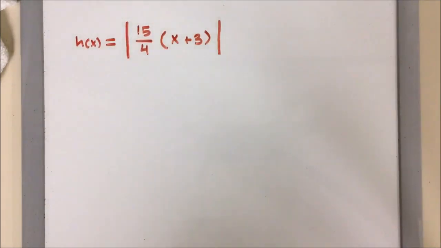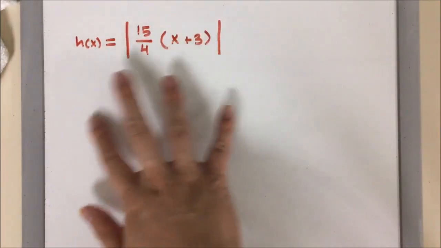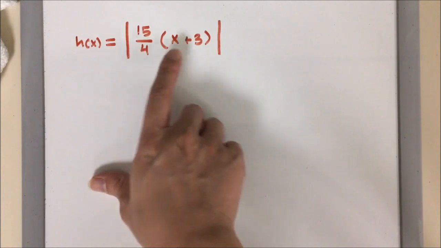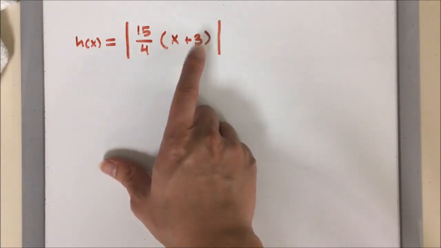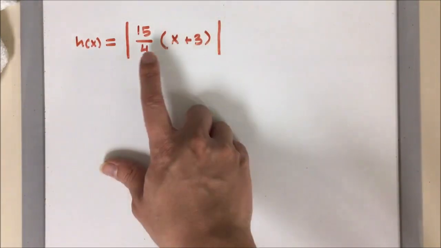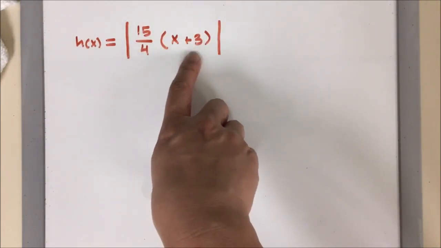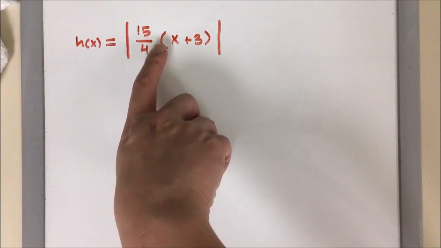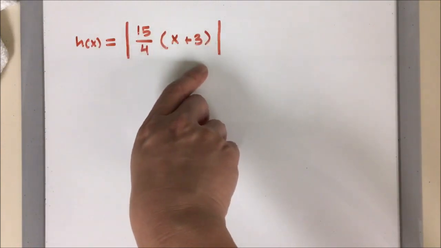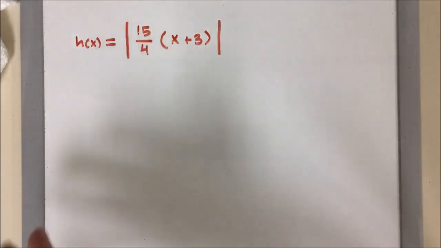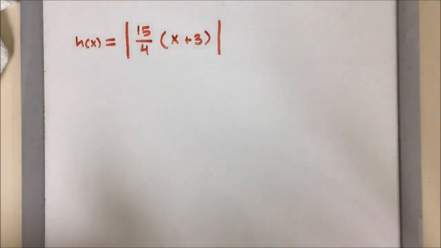So in this example, we have h of x equal to the absolute value of 15 over 4 times x plus 3. So since the 15 over 4 is inside and we have another number with the x, you can see how we included a set of parentheses since the number is in front of x, similar to as if we were to do this with reflection and if there's a negative inside.